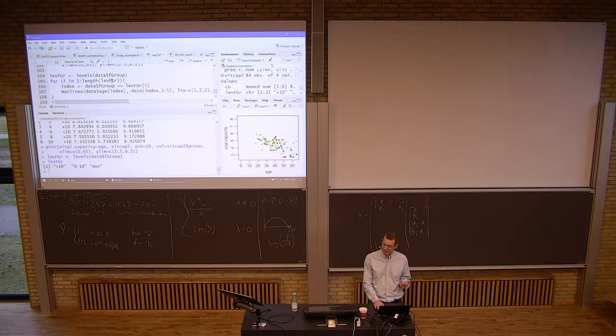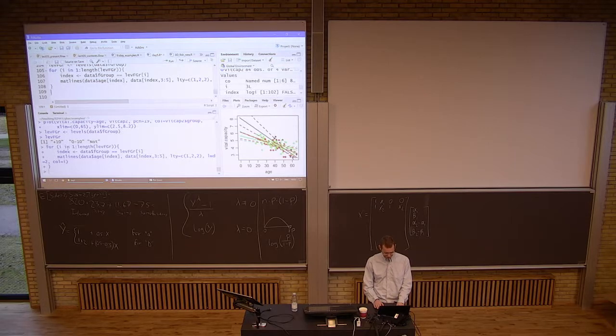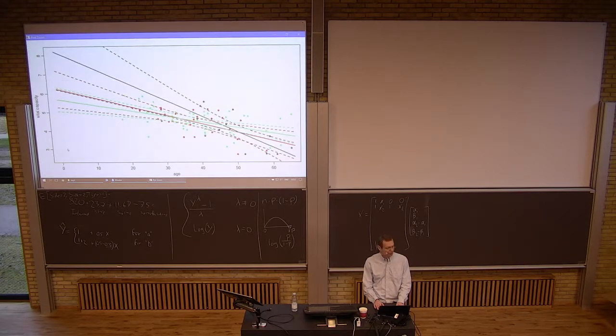So for each level, I will say which are the relevant predictions by looking in the data that I combined for my predictions, which has the relevant level. And then I will use matlines to plot that particular one, like this. It's a bit busy, I'll give you that.